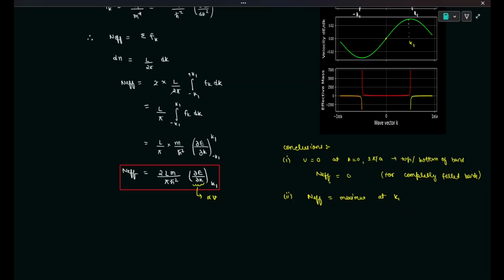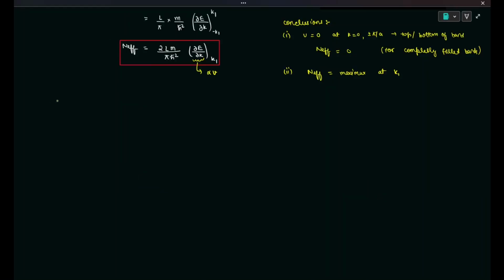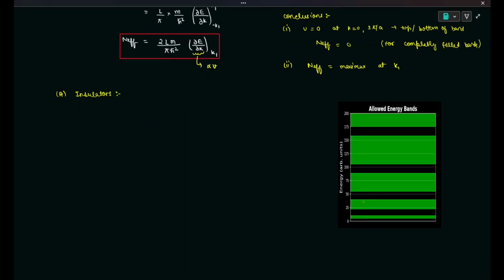So now let us distinguish different types of solids based on the effective number of electrons which are responsible for conduction. So the first type of solids will be insulators. Insulators are the solids having a certain number of energy bands completely filled and all other bands completely empty. Now if you remember from the Kronig-Penney model, this was the band structure.